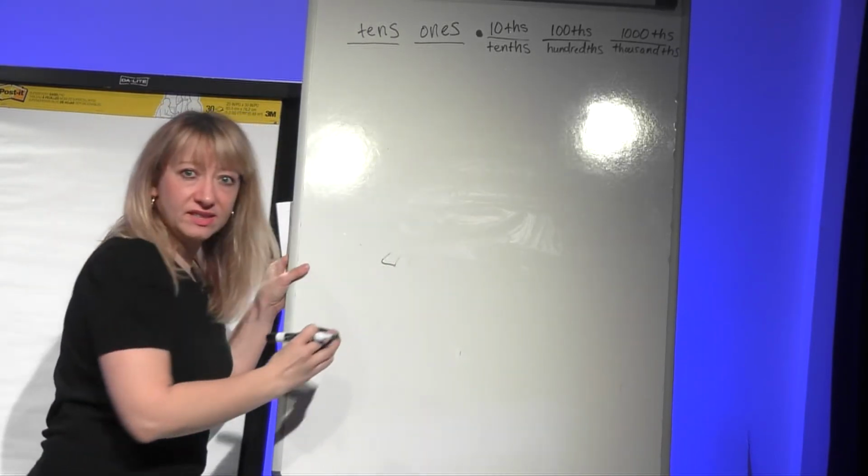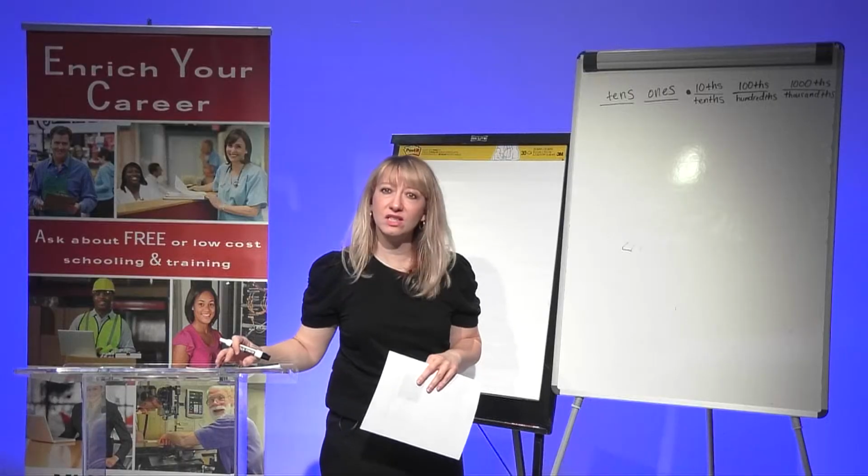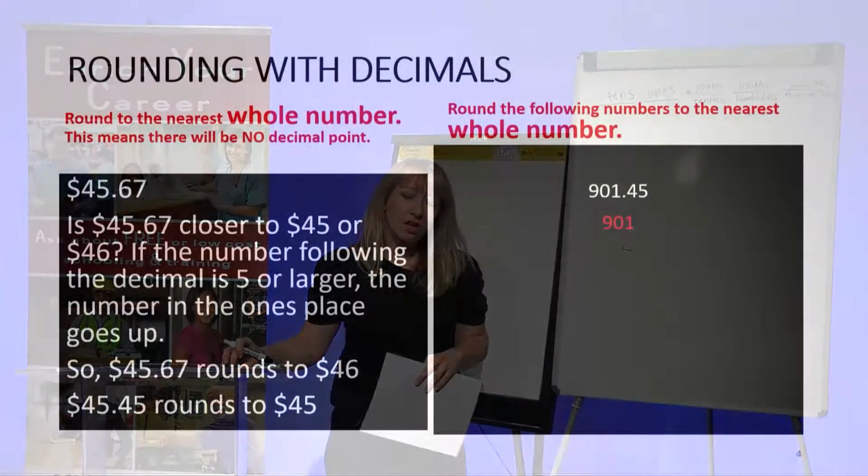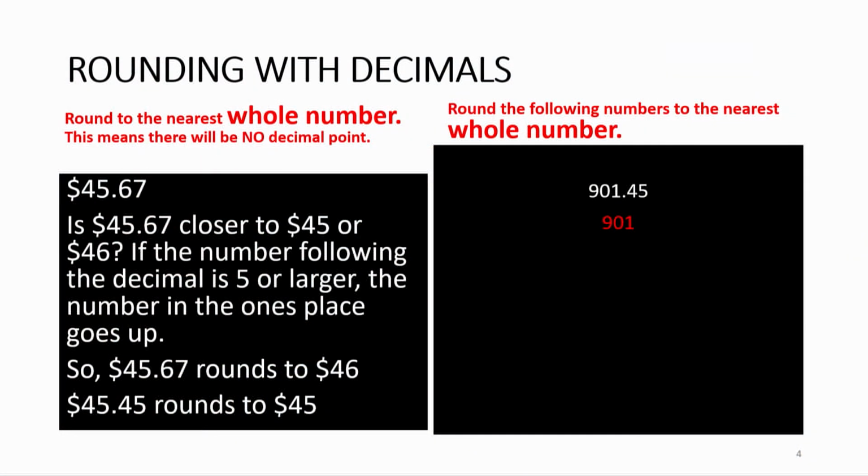So on the slide, you'll see what we've done here is rounded these numbers to the nearest whole number. So 901.45. There's a 4 after that decimal, so it becomes 901. 85.55, there's a 5 after that decimal, so it becomes 86. 1.501, there's a 5 after the decimal.